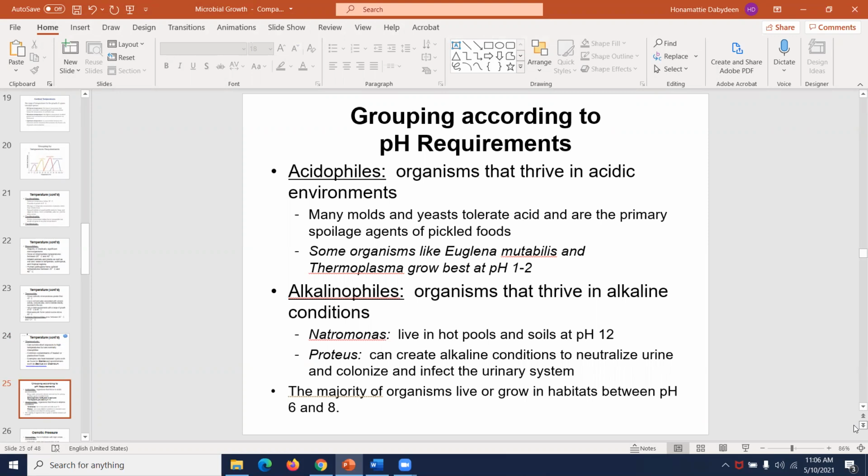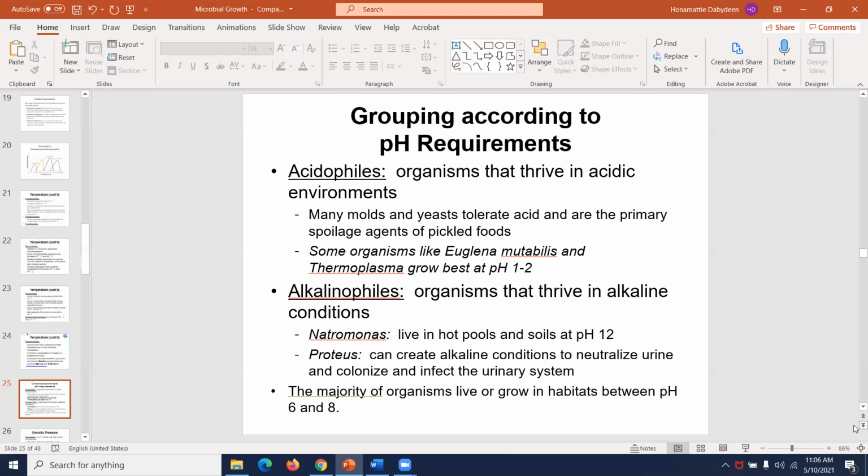When we make media for yeast and molds, we adjust the pH to about 6.4, which is not very highly acidic. But some of them can actually grow in highly acidic conditions, the acidophiles, and they are the ones responsible for spoilage of acidic foods, like your pickled foods.